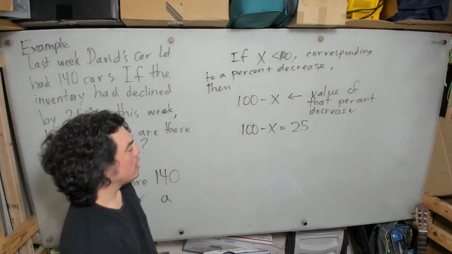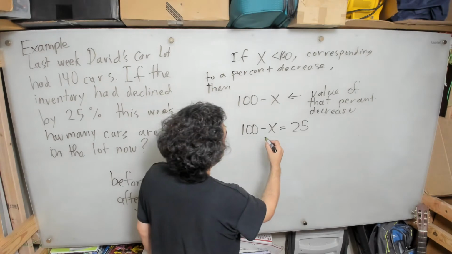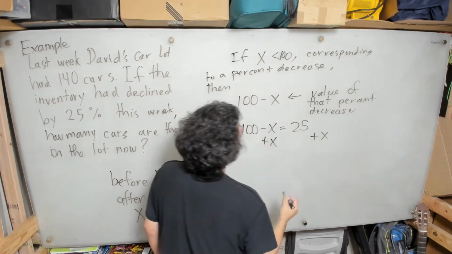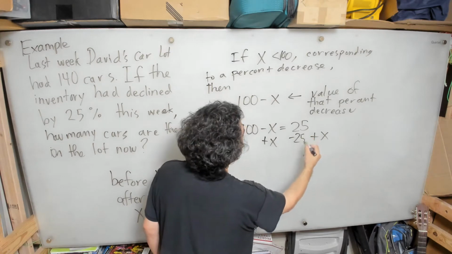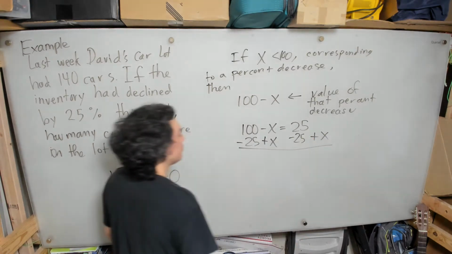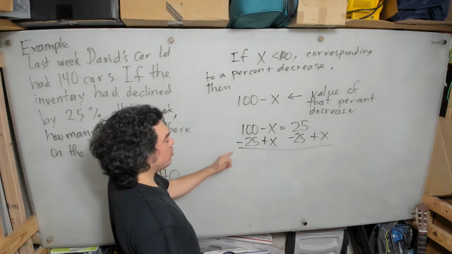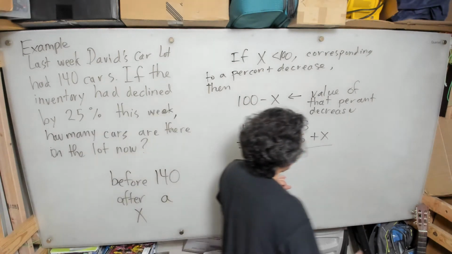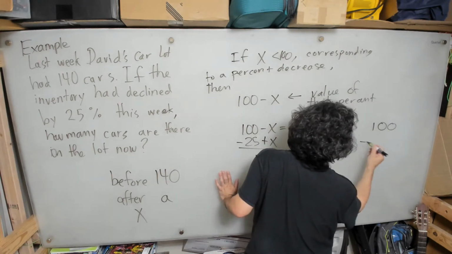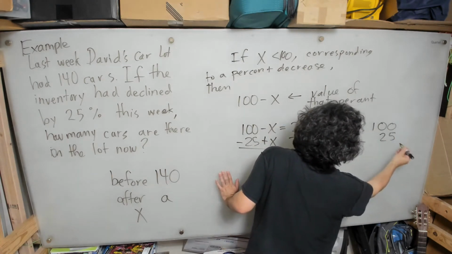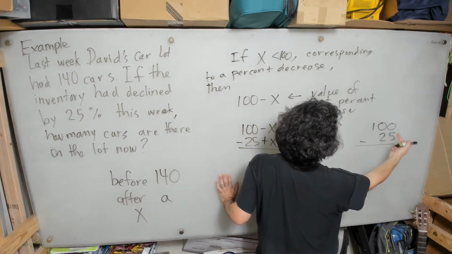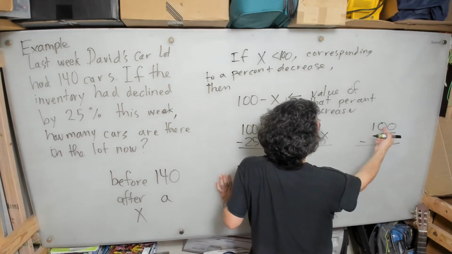So what we're going to do here is add the X to the other side so that we don't have to have it negative, and subtract the 25 to the other side like this. So 100 minus 25. We're going to do that here on the side. Can I take away 5 from 0? No. Can I borrow from this 0?